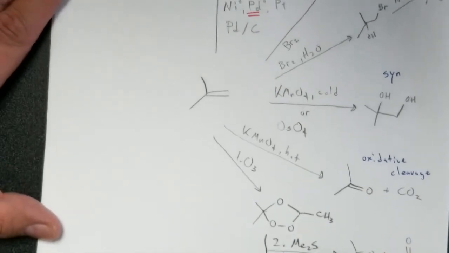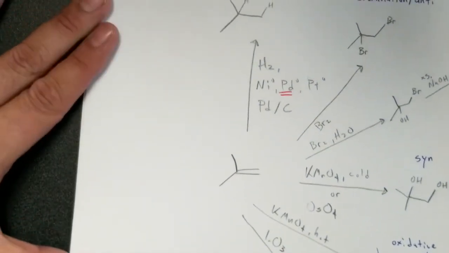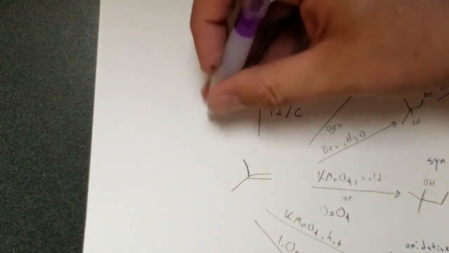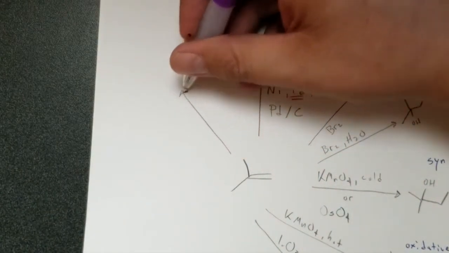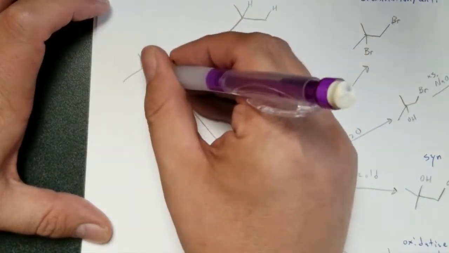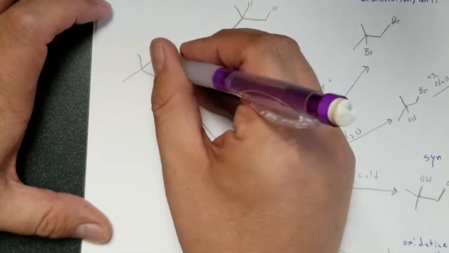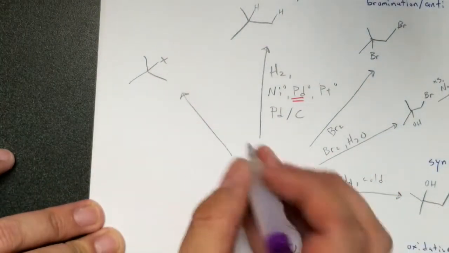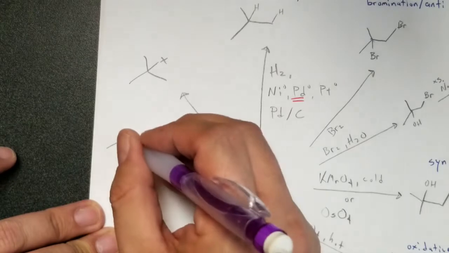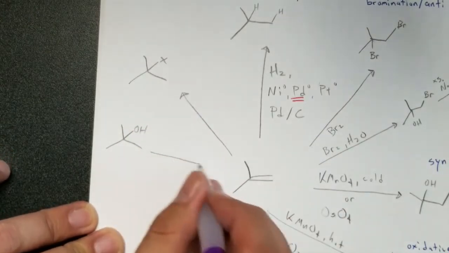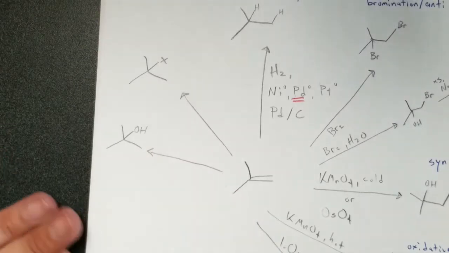All right, so let's go ahead and start working on this side of this little flower diagram. So here I have an option for, say, an X on there. And then we had another option with an OH on there. These reactions, the conditions are similar.